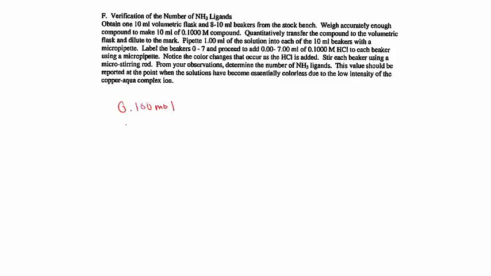Remember that means moles per 1 liter. How are you going to weigh that? You're going to need to convert it to grams, so you can use the molar mass. Again, you figured this out in step A.